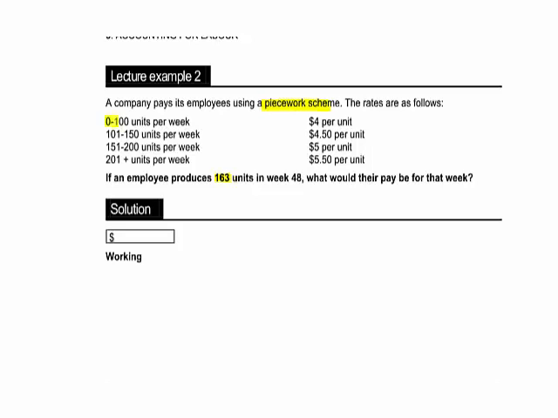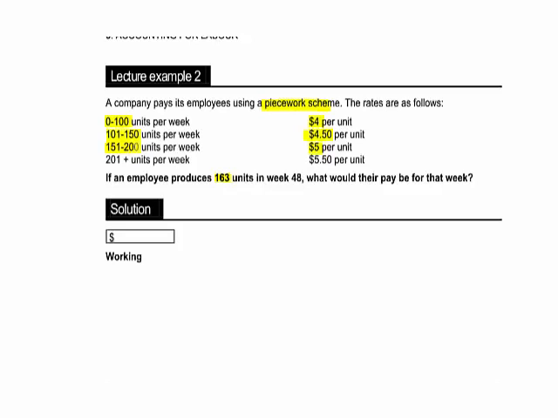I think here then it's quite clear that you're going to get $4 per unit for the first 100, but that incremental 50 cents is only going to be applicable from units 101 to 150. And similarly, the $5 will only be paid for any units over 151. So we don't need to worry about over 200 units because they've not managed to do that many.